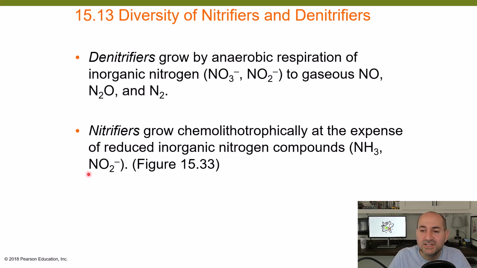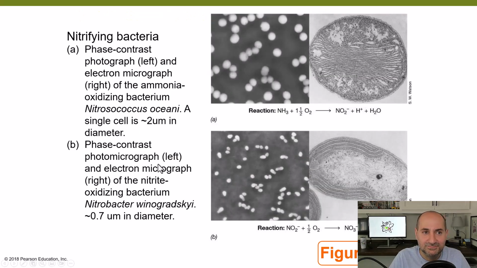And when they oxidize ammonia or nitrite, they actually produce nitrite and nitrate. So if you're a farmer, nitrifiers are your friend. They are actually helping to provide the soil with nitrates and nitrites, by converting ammonia to nitrite and converting nitrite to nitrate. So here we can see some phase contrast micrographs of nitrifying bacteria.